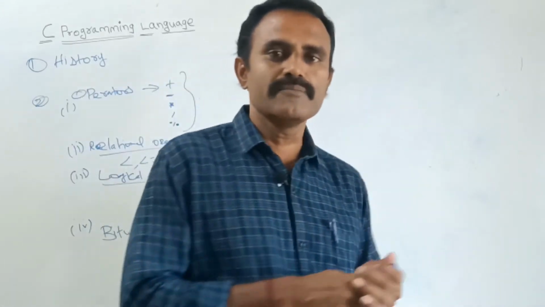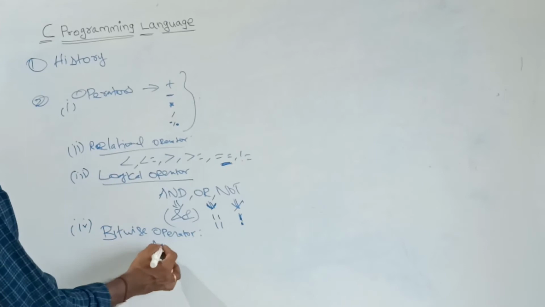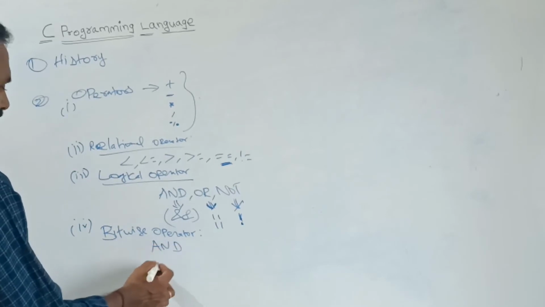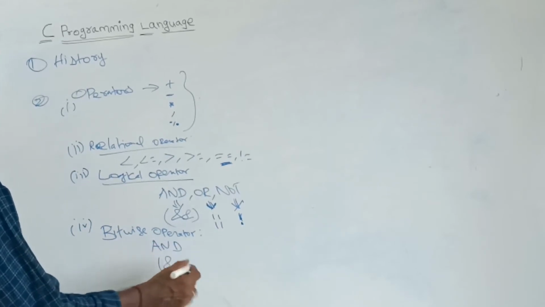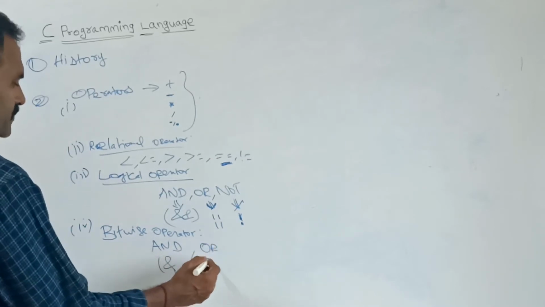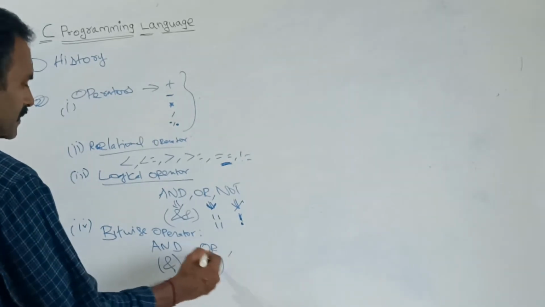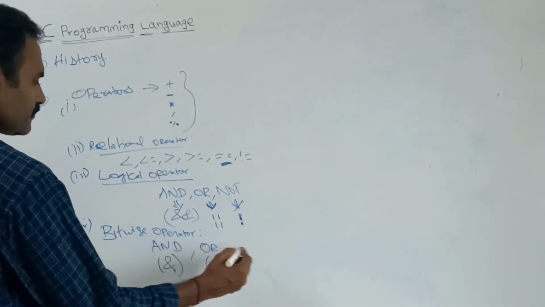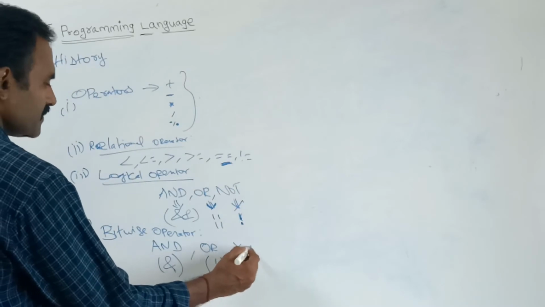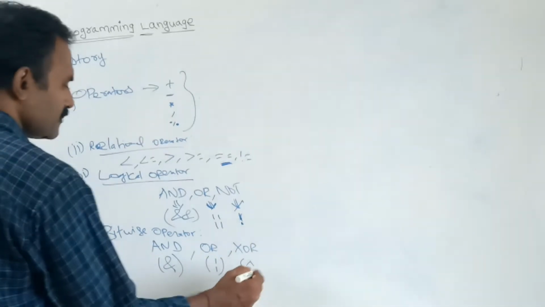Let us see about the bitwise AND operator. For bitwise AND we use the ampersand symbol. Next, for the bitwise OR operator we use the single pipe symbol. Next is the bitwise XOR operator; for XOR we use the cap symbol.